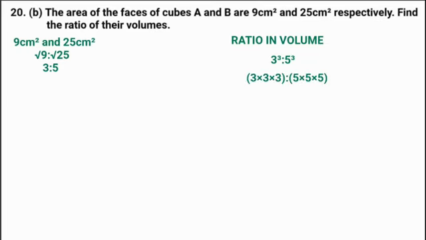So 3 will be multiplied by itself 3 times, and 5 will be multiplied by itself 3 times. 3 by 3 gives us 9, and 9 times 3 gives us 27. 5 by 5 gives us 25, and 25 by 5 gives us 125. This is now the ratio in volume. So the ratio in volume of these cubes is 27 to 125.